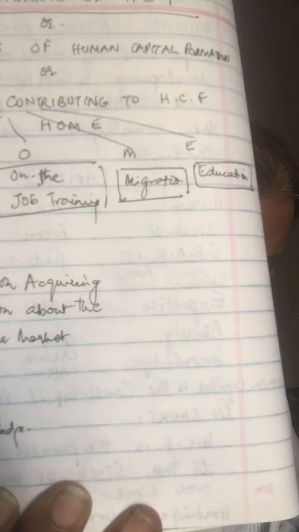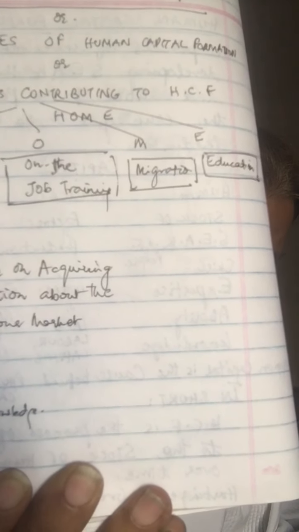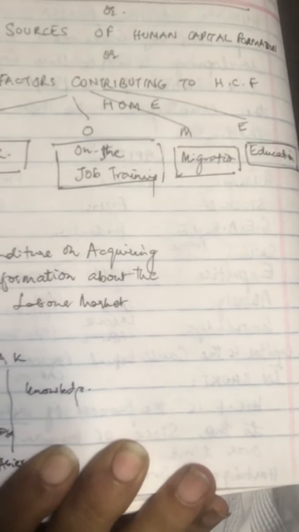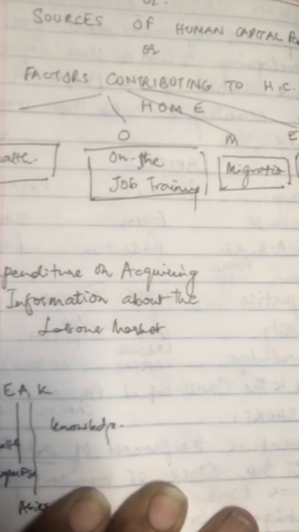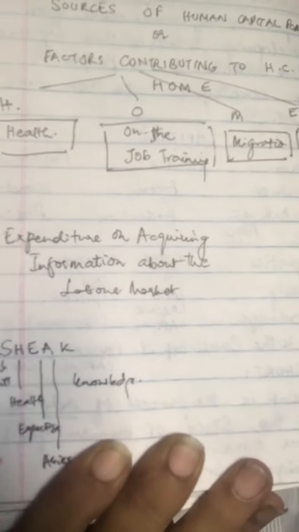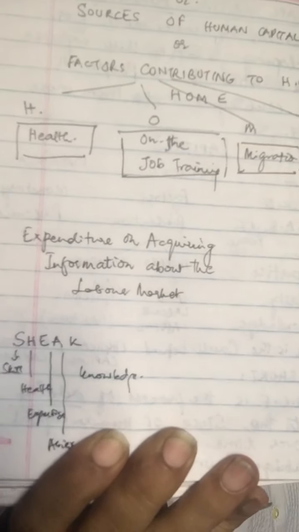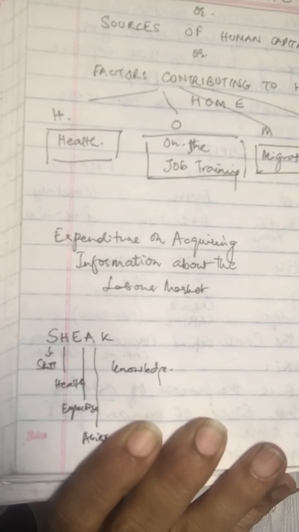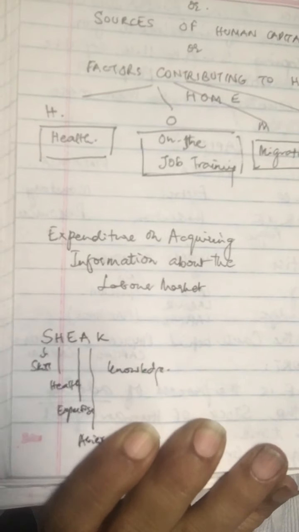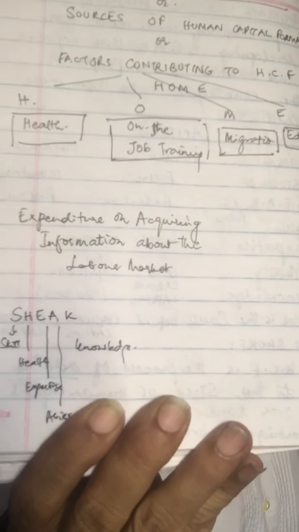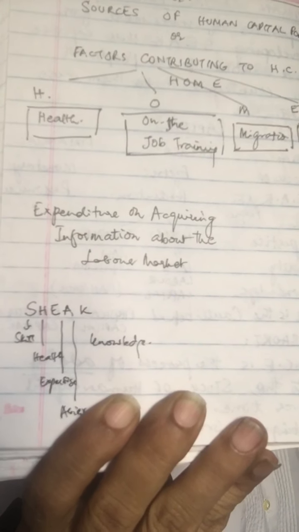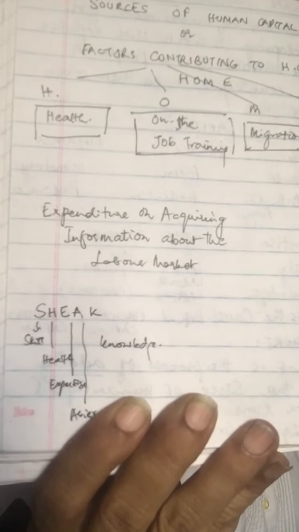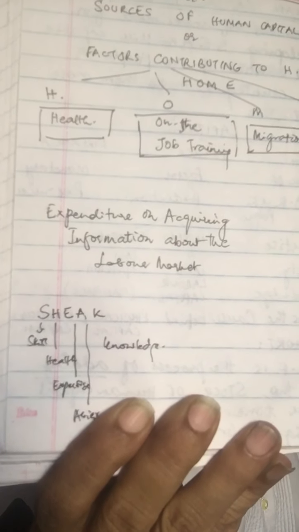Cost of transportation from one place to another. Then another cost that is involved is cost of living in different social environment. And people migrate in search of better job opportunities. So that is the gain of migration, because they get better salaries. So migration leads to human capital formation.